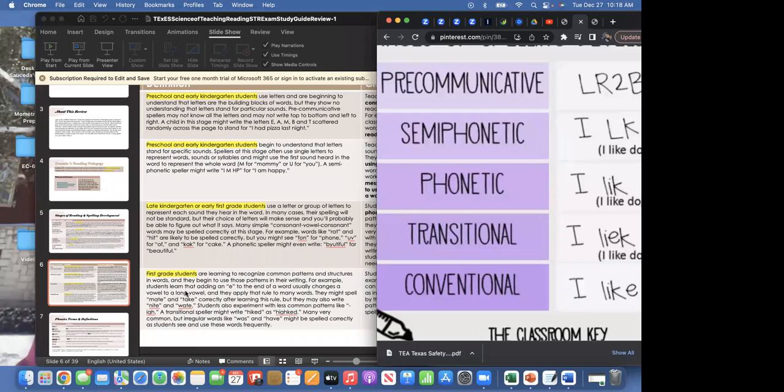For example, students learn that adding E to the end of a word usually changes a vowel to a long vowel, and they apply the rule to many words. They might spell mate and take correctly after learning this rule, but they might also write night and wait.